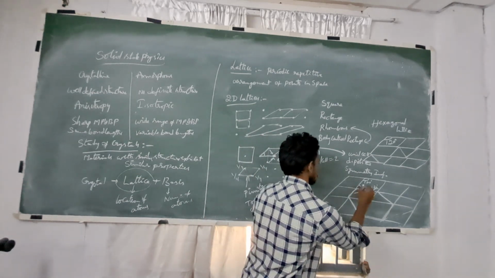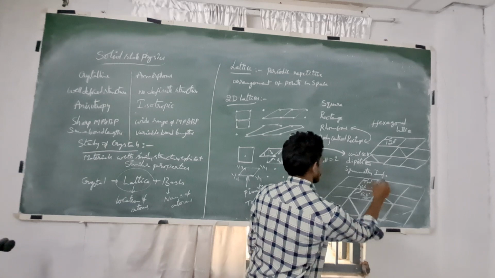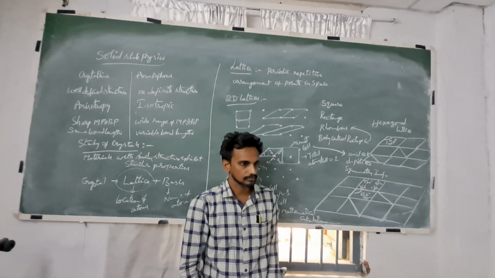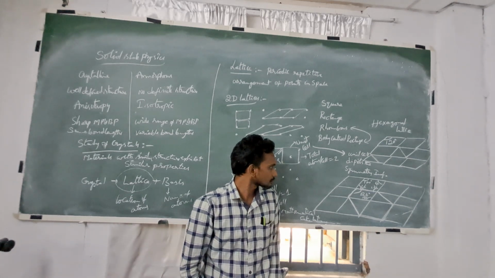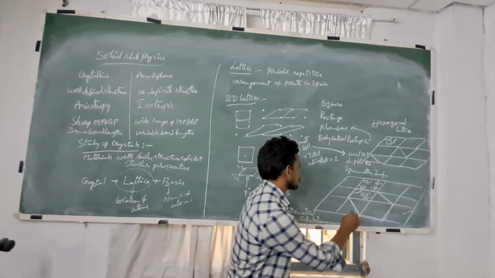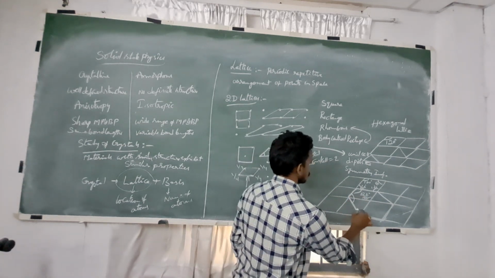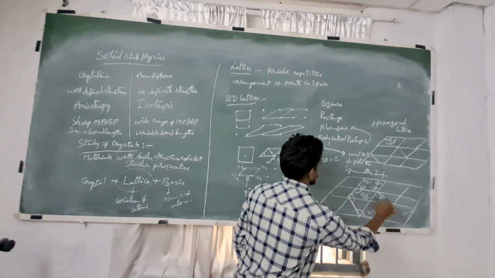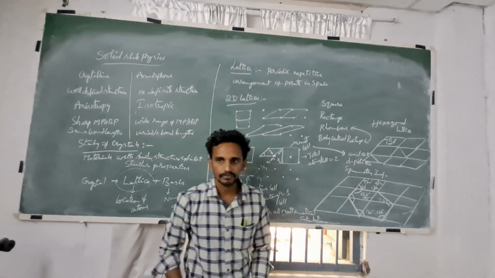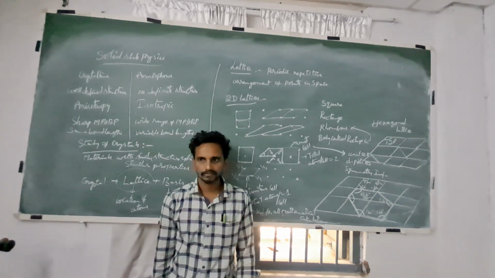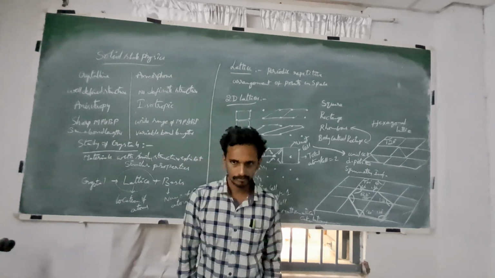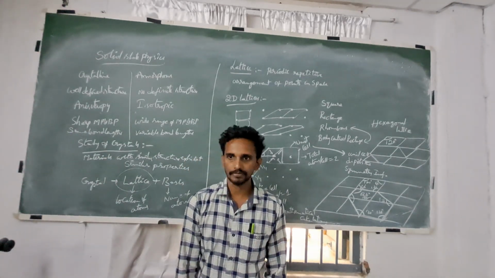So you'll have 60 plus 60, then every angle will be 120. If you take one angle as 120, the rest also will become 120 because you are just repeating the structure.